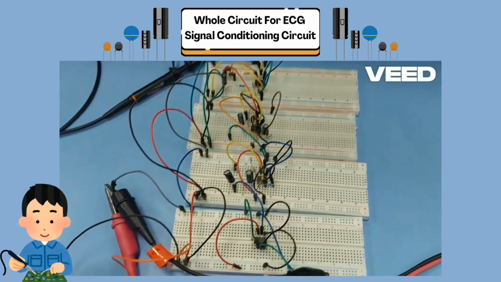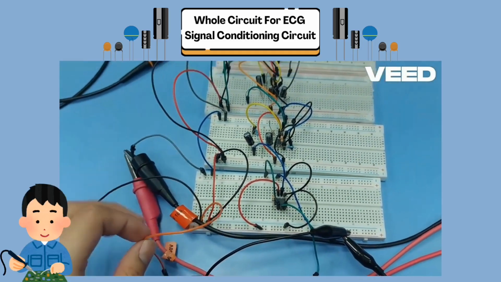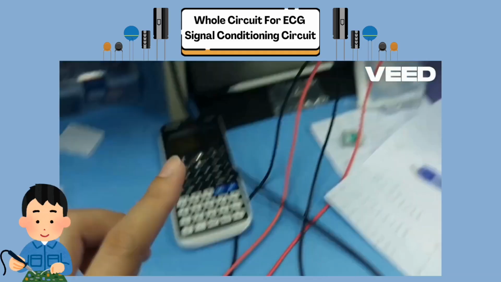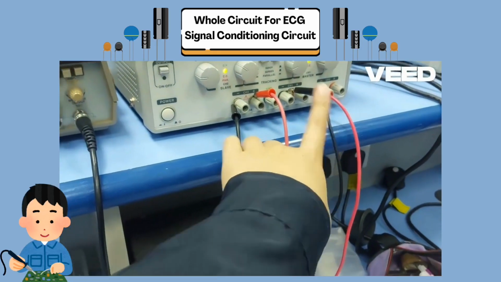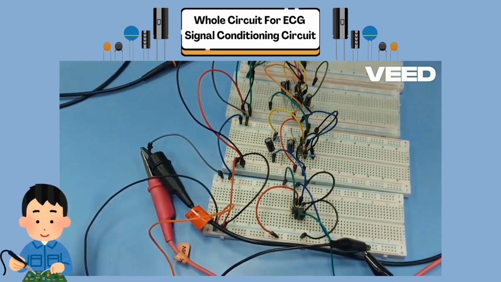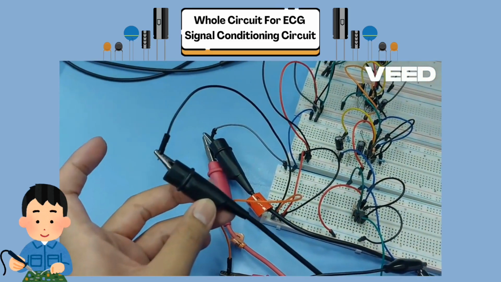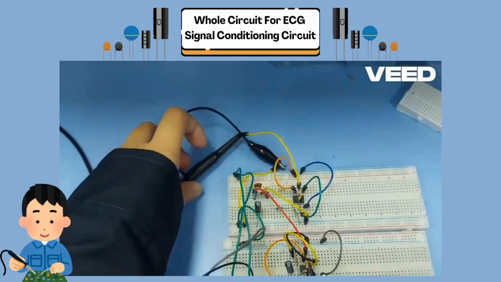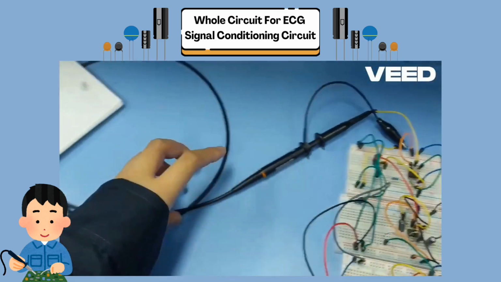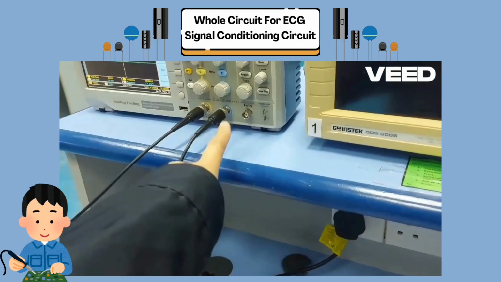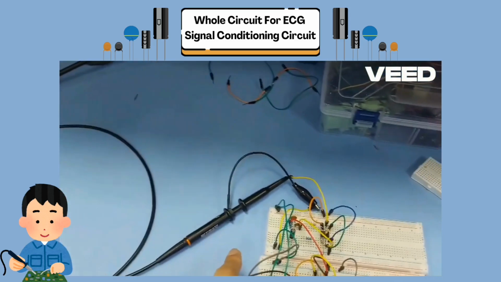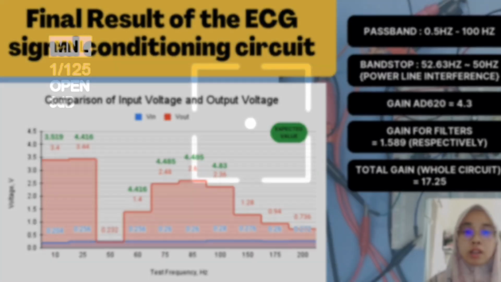The orange wire in the breadboard, which represents the power supply, connects to the positive polarity of the power supply. The negative polarity of the power supply is connected to the black wire. Lastly, pin 6 of the amplifier in the notch filter is connected to channel 2 of the oscilloscope to display the output signal for this project.